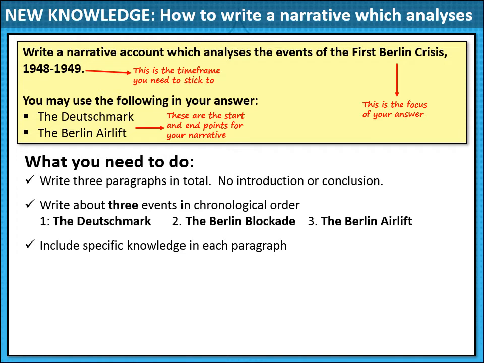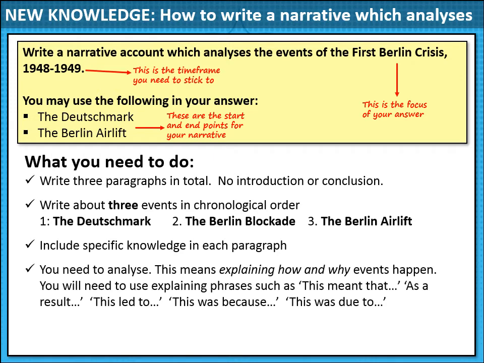We have to include specific knowledge and detail in each of our paragraphs. And as well as telling the story of the First Berlin Crisis, we need to analyse. That means explaining how and why events happen.